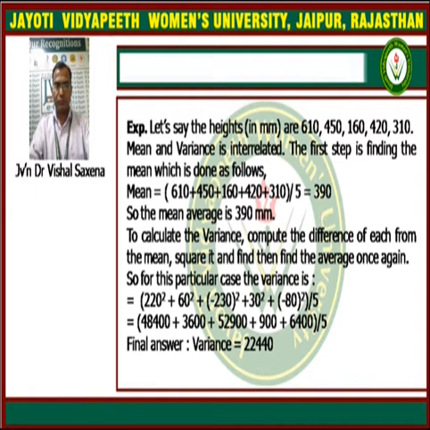Now we have to find the term summation of xi minus x bar whole square. That means first we have to find the mean value x bar. So x bar will be equal to the sum of all the data values, 610 plus 450 plus 160 plus 420 plus 310, divided by 5.